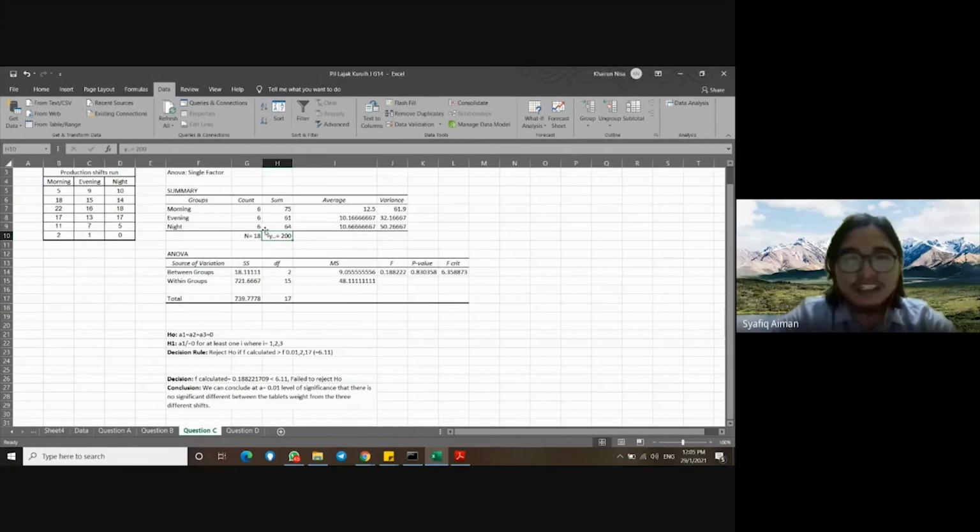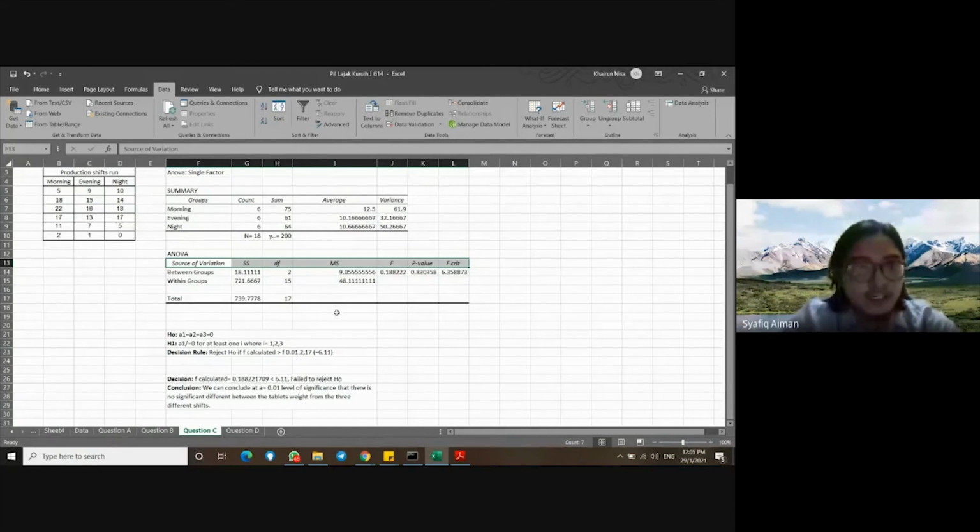For the summary, we get the data: count, sum, average, and variance. So for the ANOVA, we want to calculate the F calculated. We get the source of variation between groups and within groups.